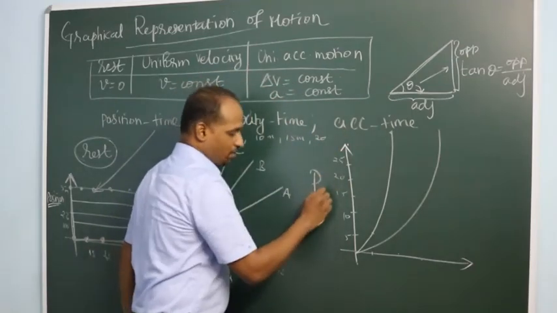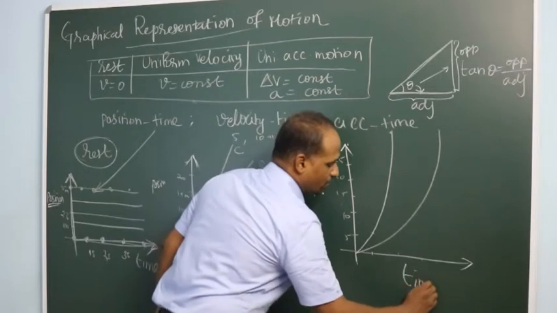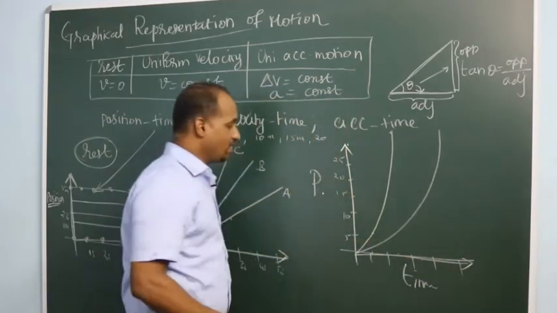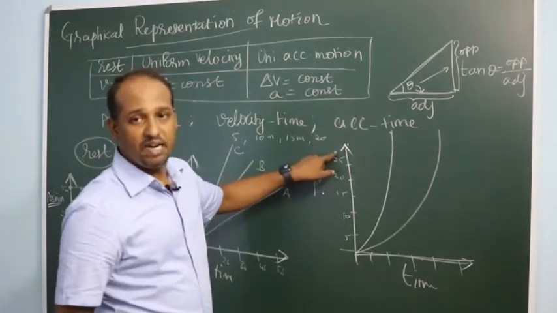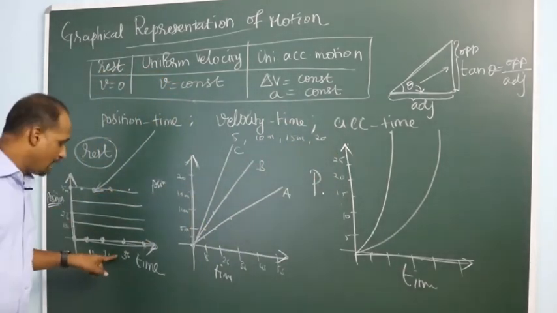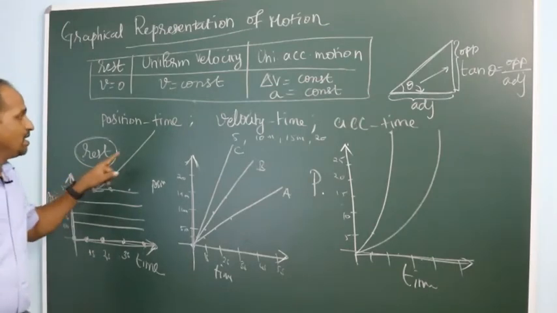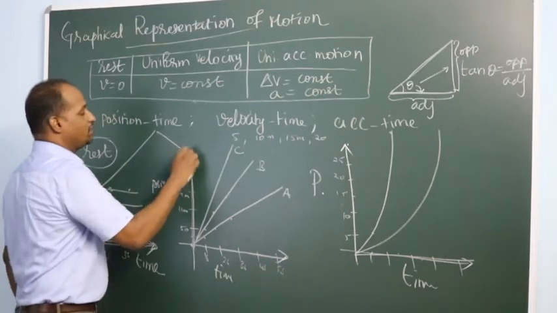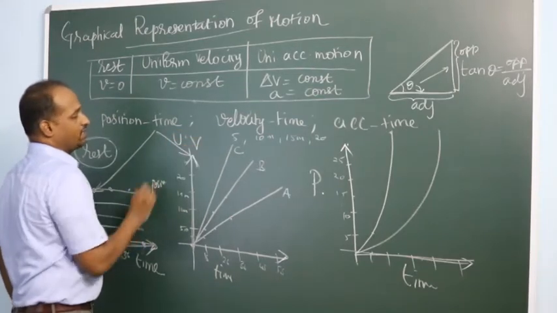This is still position, this is time. X-axis, the graduations are in seconds, in y-axis these are in meters. So if it is a straight line parallel to time axis, it represents rest. So an inclined straight line refers to uniform velocity.